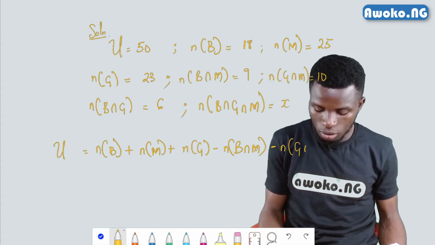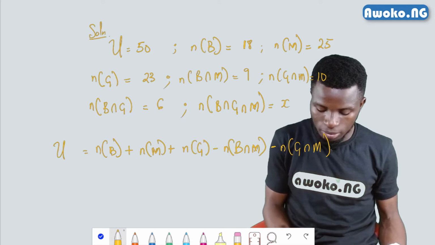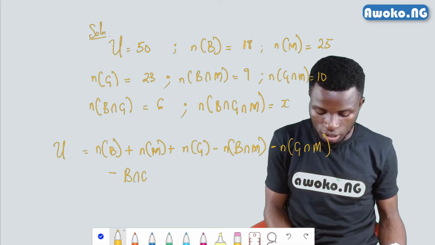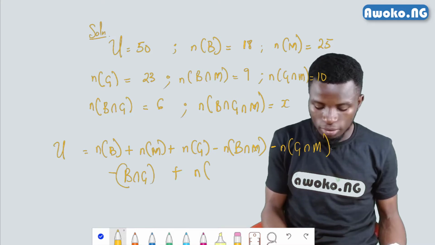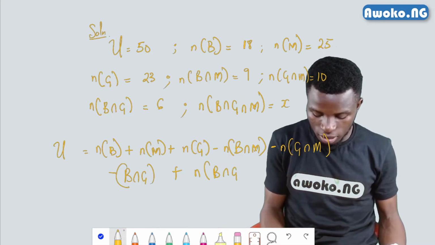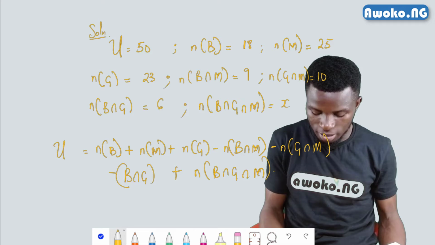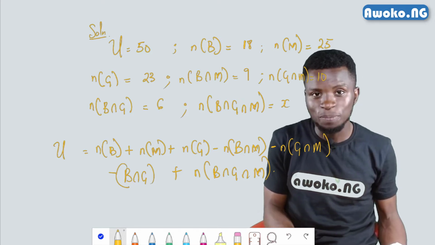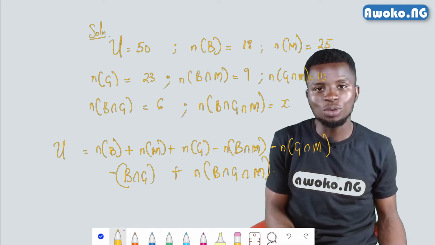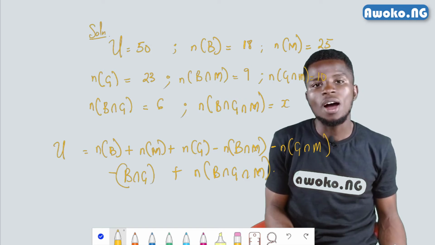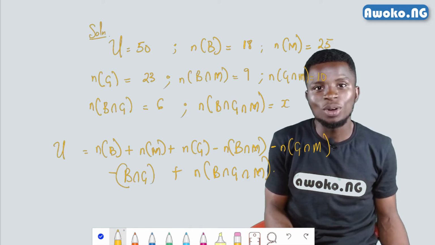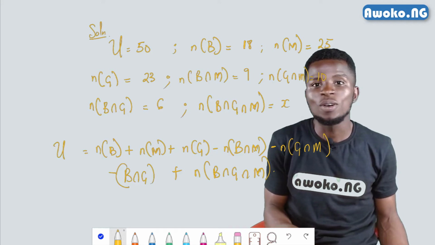So minus government and mathematics, then minus biology and government, then plus the intersection of the 3, biology intersection government intersection mathematics. Since this has been done, we have to input our parameters into the problem so that we can now solve for the unknown variables.